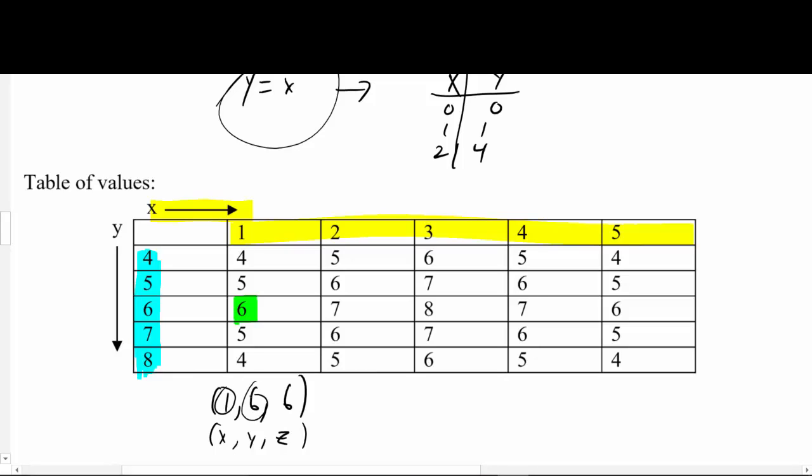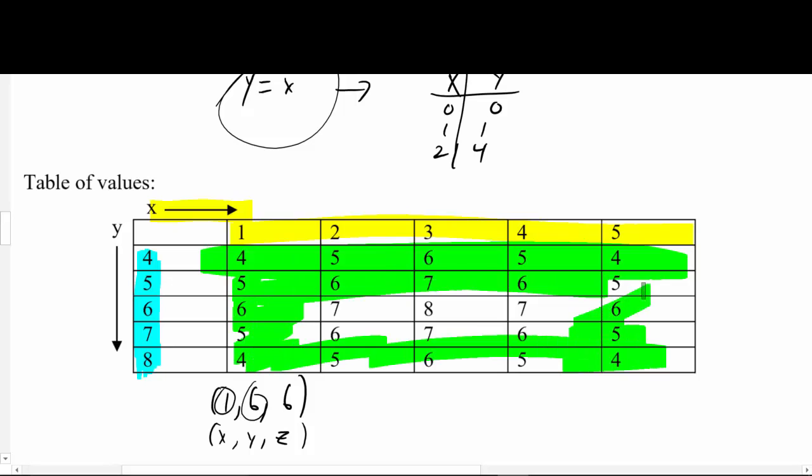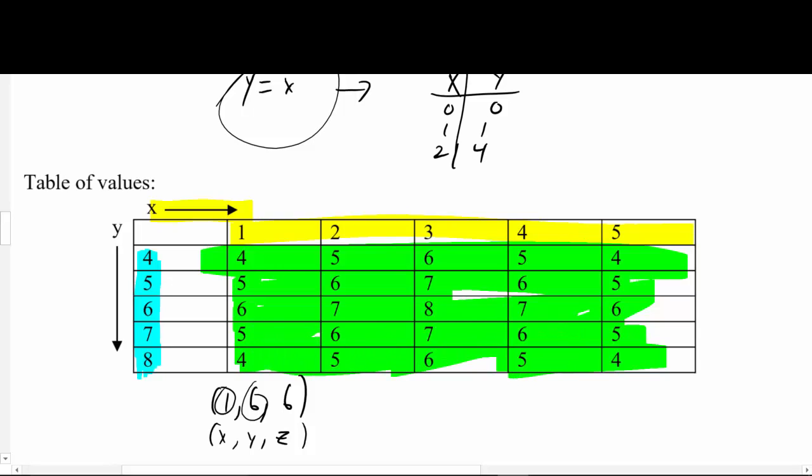What was my x and my y? That was 1 and 6. What was my z? Well, that was the green value. That was 6. So the idea here is everything in here, all of these values that I'm highlighting in green, these are your z's. These are all of your outputs. So the borders are your input variables, and the main chunk of your table, that's all your output variables.